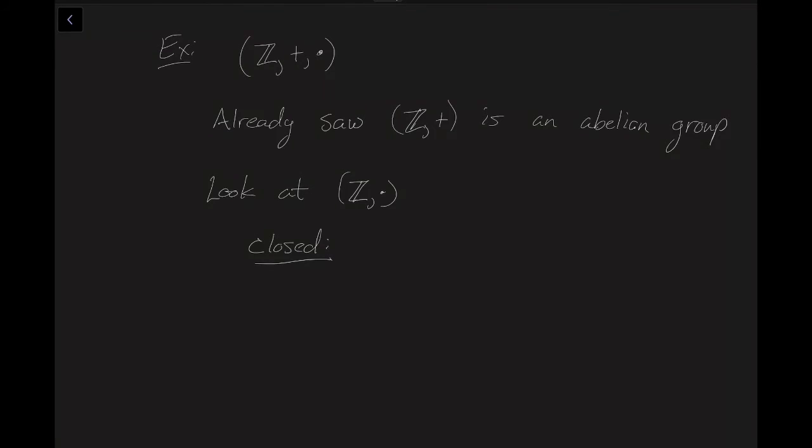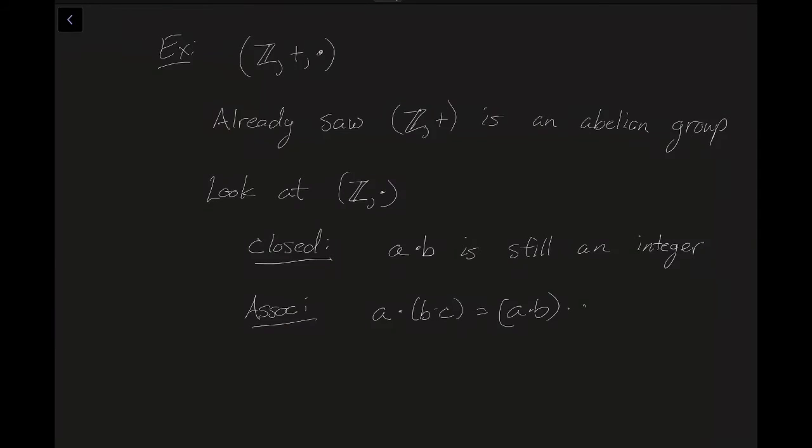So to show that it's closed, there's not really much to go into. We've already seen this through our time in elementary, middle, high school. If I take two integers and multiply them together, I still get an integer out of it. The associative property, we've also seen that. It doesn't matter what order I multiply things in, I still get the same answer.